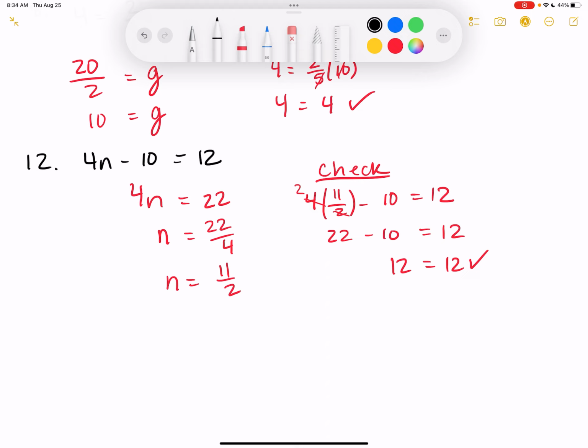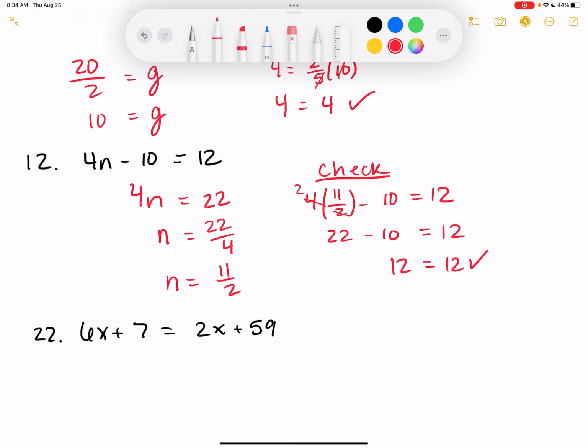All right, so that's with the variable on one side. So we're going to do a couple with it on both sides. So 22, 6x plus 7 equals 2x plus 59. So with this kind, I want to get my variables on one side and my constant terms on the other side.